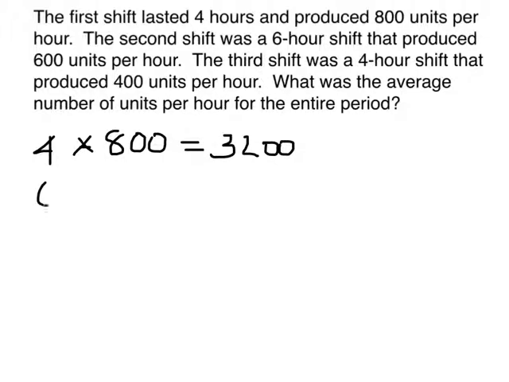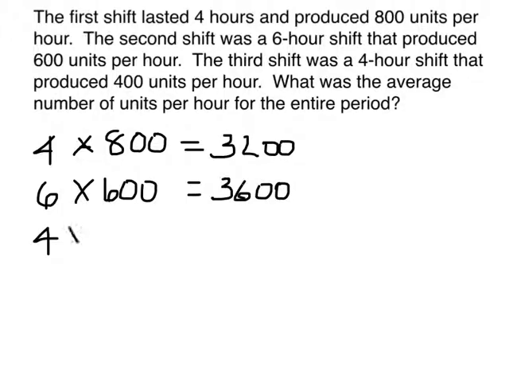The second shift is 6 hours, and they produce 600 units per hour for a total of 3,600. The third shift is another 4-hour shift, and they only produce 400 an hour for a total of 1,600.